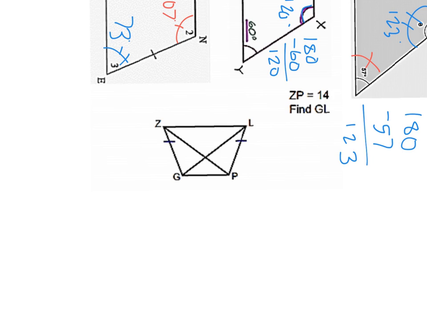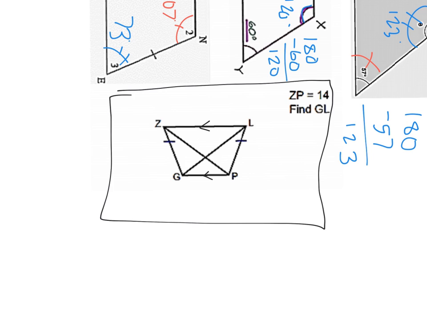Alright, and this last trapezoid is off to the side of your paper, so go ahead and turn your paper like mine. And it's a trapezoid, so we have one set of parallel sides, and they marked it as an isosceles trapezoid because we have the two congruent sides, and then we have this information over here.